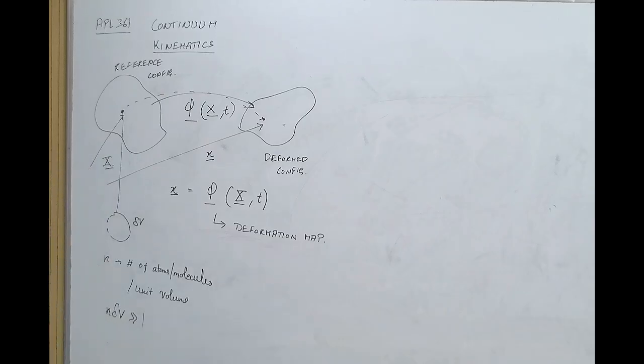Of course, this is not a good assumption when delta V is of the order of angstroms or nanometers, and that is exactly where the laws of continuum mechanics start to break down.